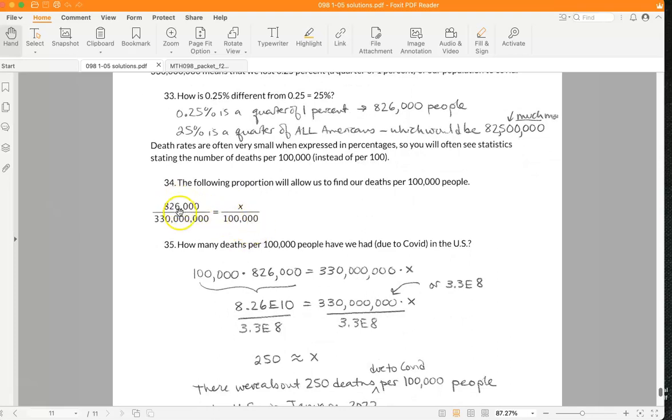So I multiply these and I multiply these. There's my equation. I set my cross products equal. This times this on my calculator gives me 8.26 E10 equals this number times X. And then if I don't want to write this number out every time, I could say 3.3 E8 and divide on both sides.